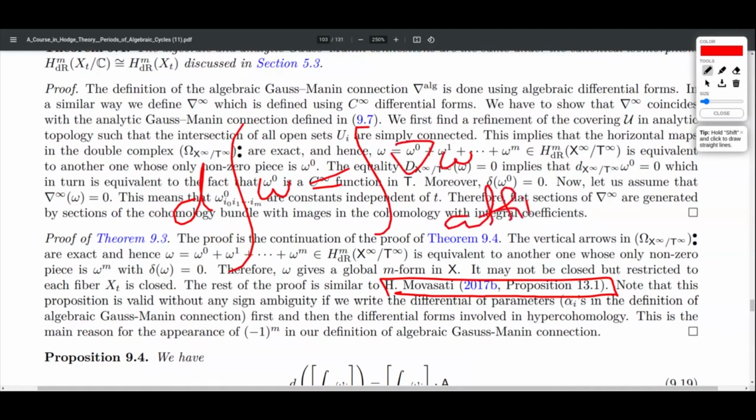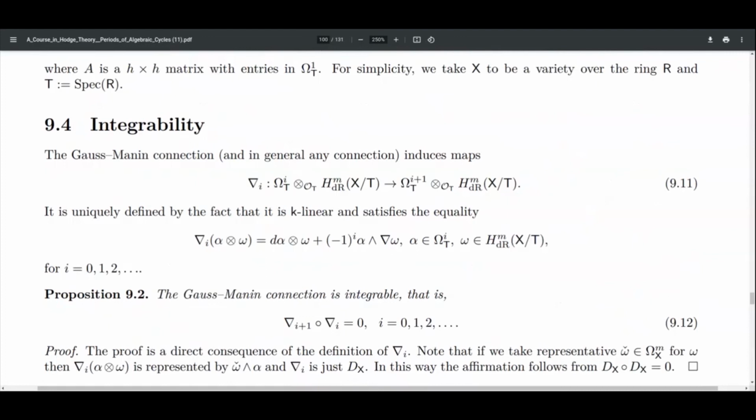In affine varieties, we don't really need to use hypercohomology, because by the Hodge theorem, elements of the de Rham cohomology are already represented by algebraic differential forms. So let's close this video with some fundamental properties of the Gauss-Manin connection. One of them is integrability.